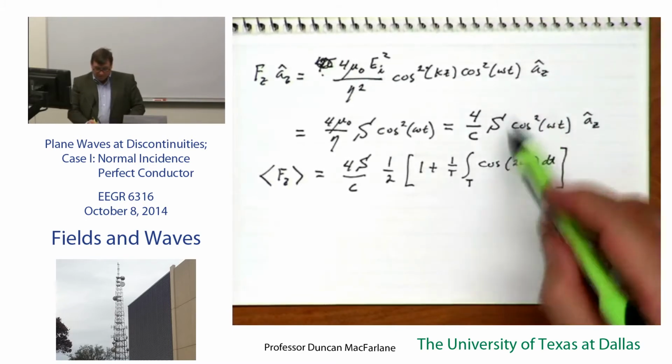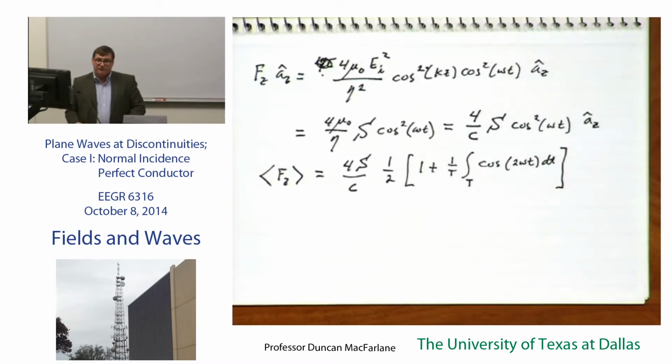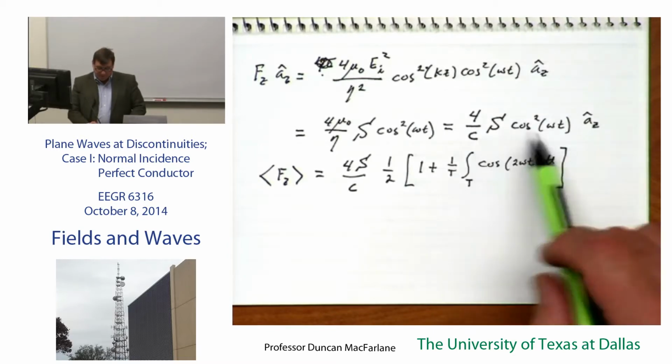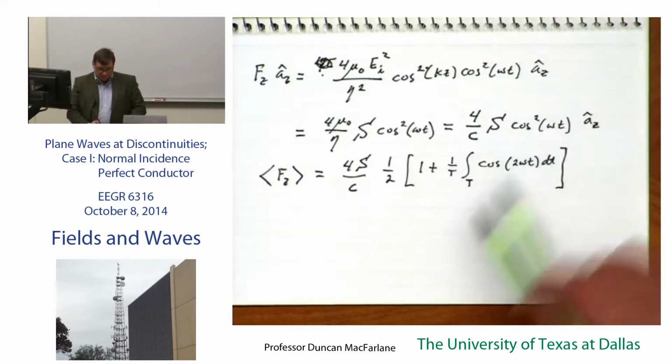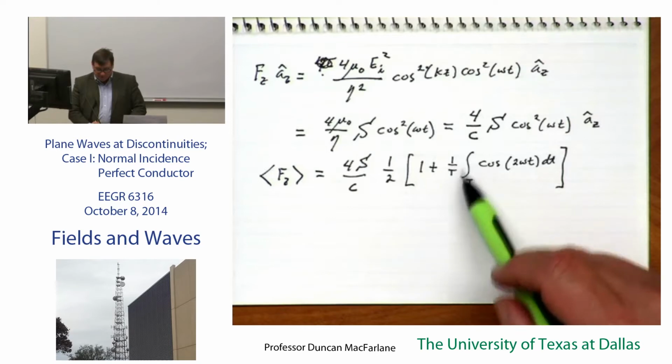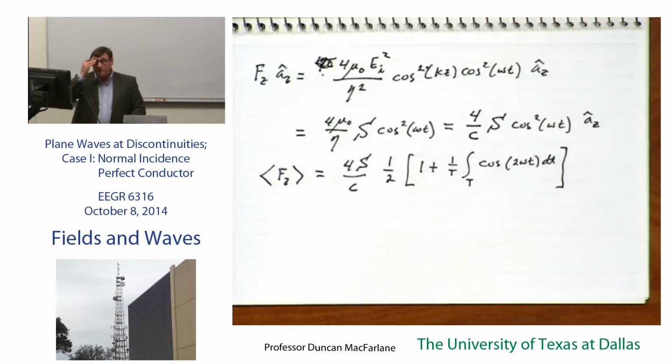So I want to integrate this cosine squared over a period or over a very, very long time. And to do that integral, I'll use my trig identity. The cosine squared is a half plus a 1/2 cosine of twice omega t. That's familiar. The cosine squared term gives you a DC term and then a harmonic.